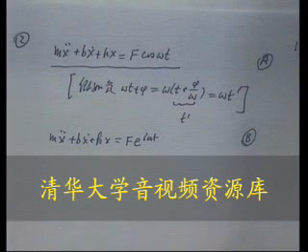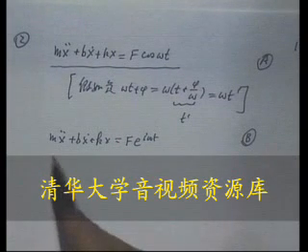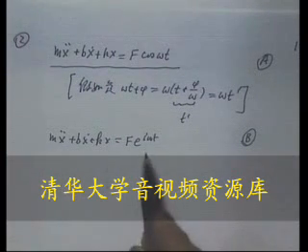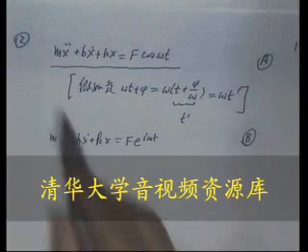I did not make clear why I can go from A to B. Now I want to make that clear. Suppose you solve this equation. After you solve it, you take the real part of your solution x. Then this becomes you take the real part of this equation. The left side looks like this.